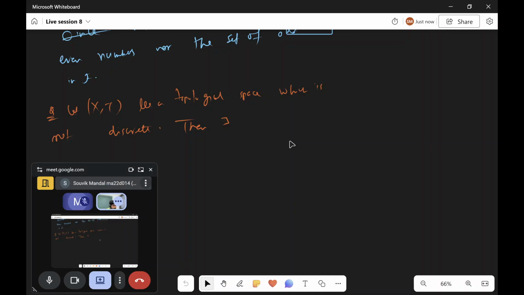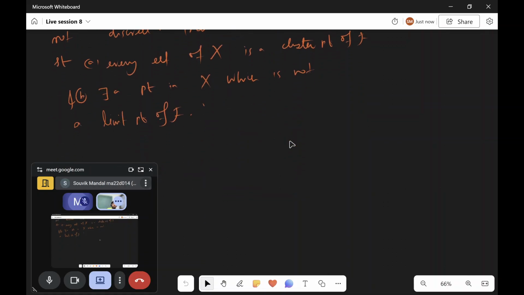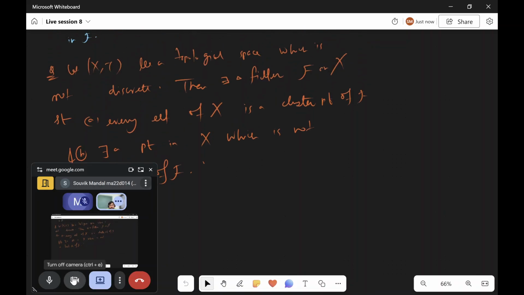Then there exists a filter F on X such that every element of X is a cluster point of F, and there exists a point in X which is not a limit point of F. So is it true or false? Check it by yourself. Take your time. Let me know. I'll be back in a few minutes.